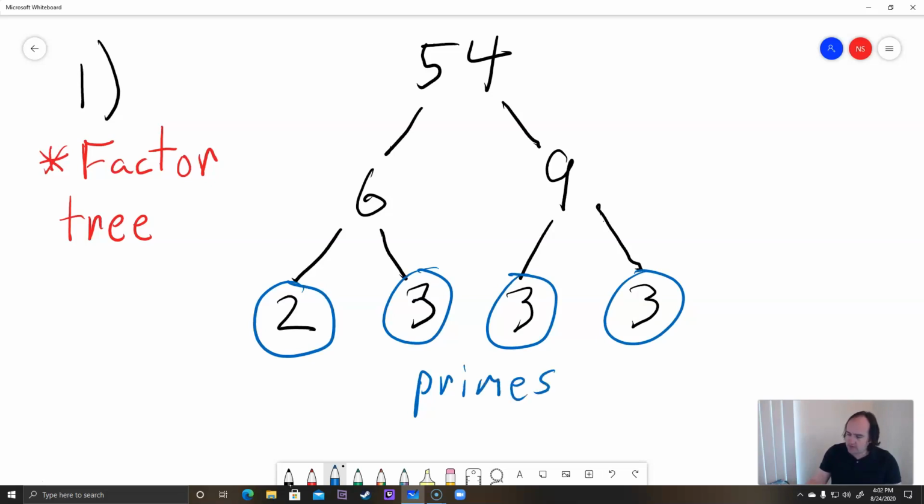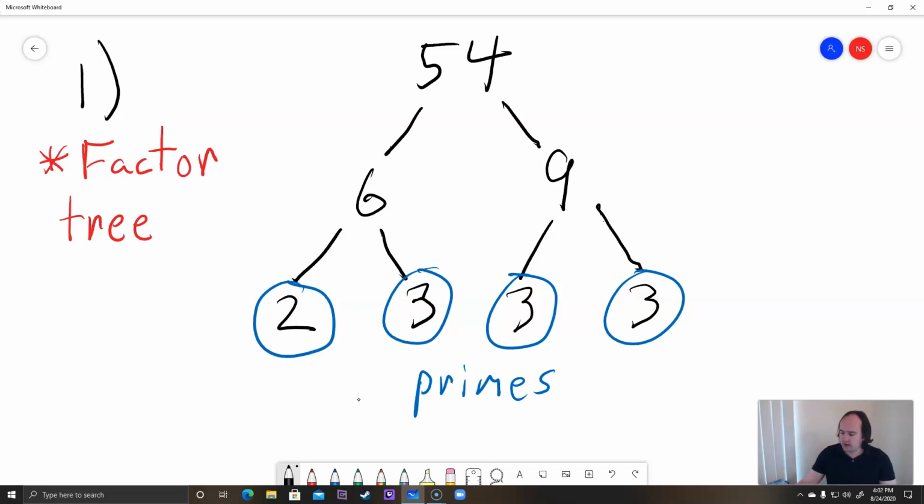And a number is prime if you just can't factor it anymore. Okay, so 9 is not a prime because we were able to factor it, but 3 is a prime because you can't write 3 as the product of any two numbers except for 3 and 1. Okay? So what does that mean? With this factor tree, we've actually developed a prime factorization for the number 54.